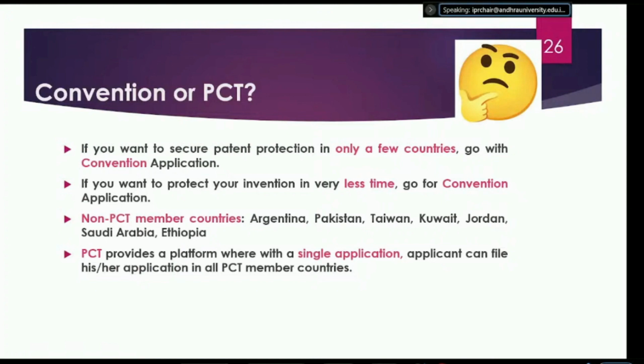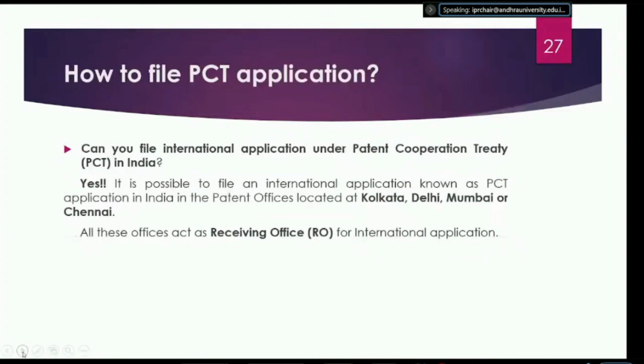And there are some non-PCT member states: Taiwan, Kuwait, Jordan, Saudi Arabia, Ethiopia, and some countries in Africa. Not many countries are non-PCT members, but in that case also you have to file a convention application. PCT provides a platform where with a single application the applicant can file in multiple PCT member countries. So I hope it is clear.